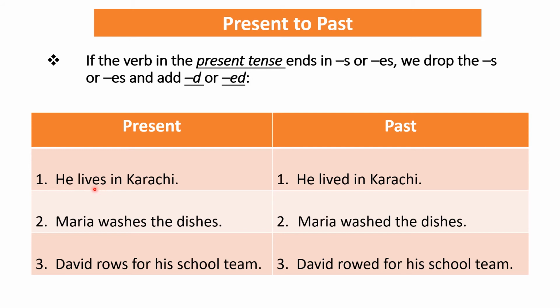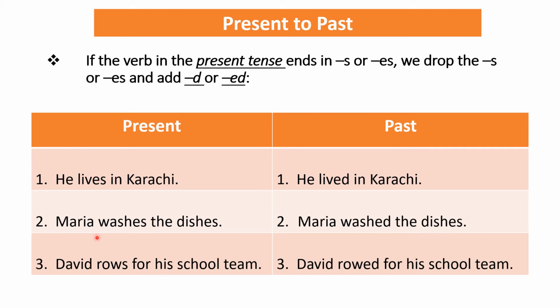He lives in Karachi, and the past tense becomes he lived in Karachi. So we drop the S from that verb and we just add D. Only D we have added here.